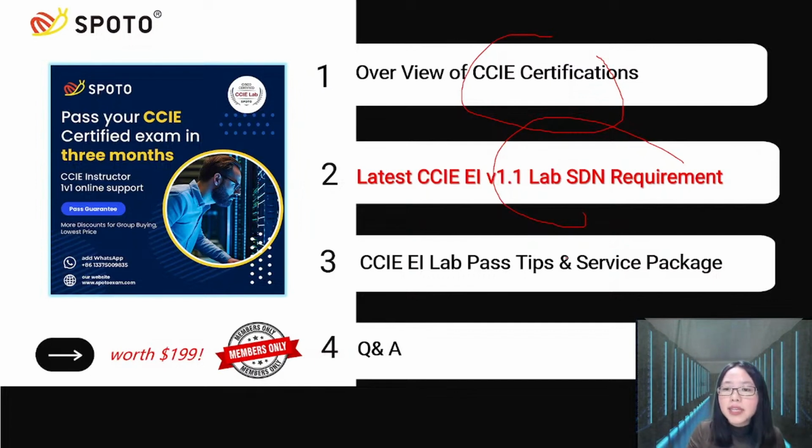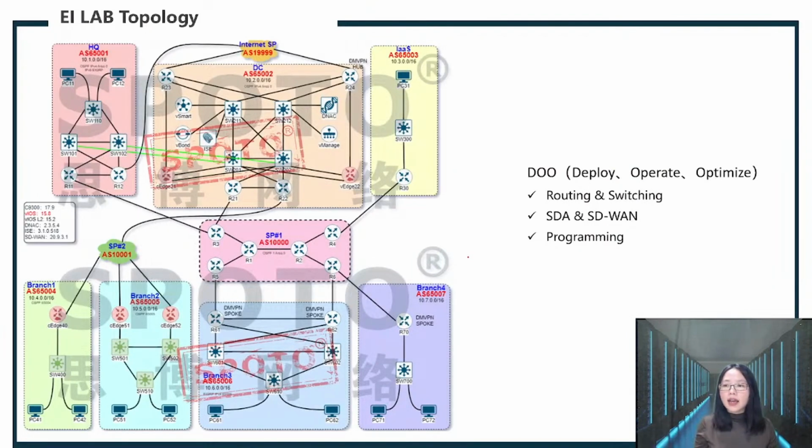Let me continue to show the EI version 1.1 SDN requirement. I think this topic is what everyone is most concerned about, the SDN exam requirement in the EI lab.